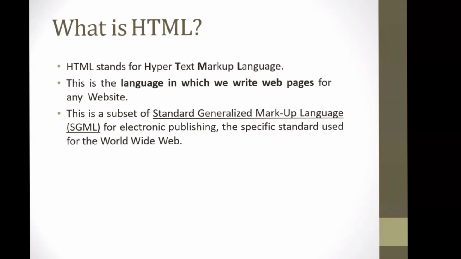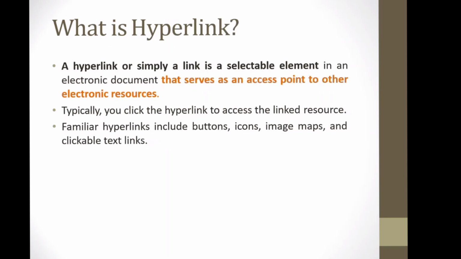Scientists first designed Standard Generalized Markup Language, a generalized one which was used for the World Wide Web and for exchanging information. A subset of that they called HTML. A hyperlink is a link to another web page or resource. It can be a link, text, button, image, anything.